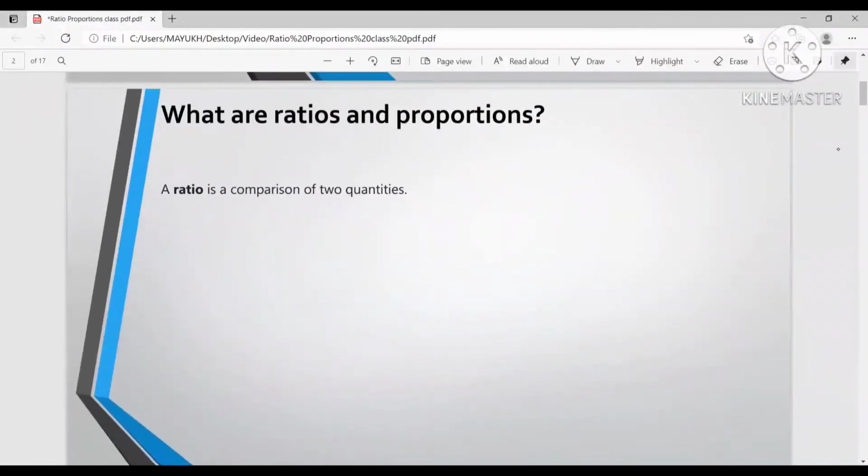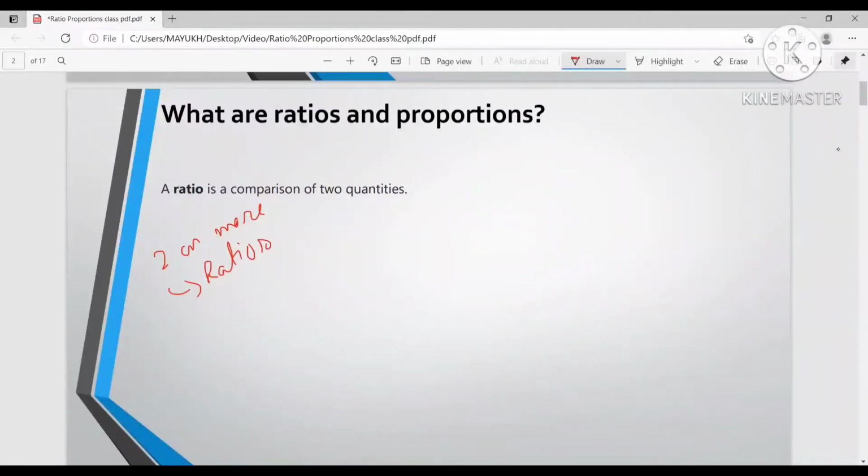So what is ratio? Whenever there are two or more quantities and we are comparing them, the comparison is expressed in the form of ratios.